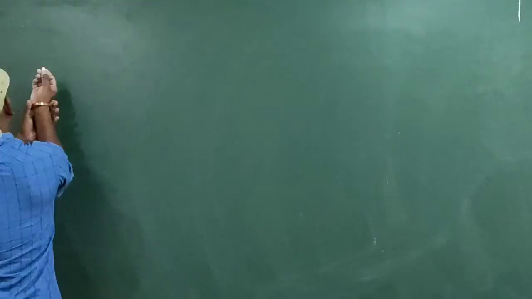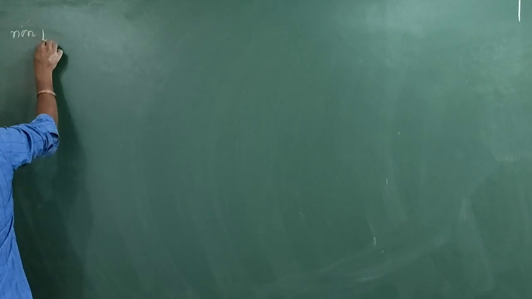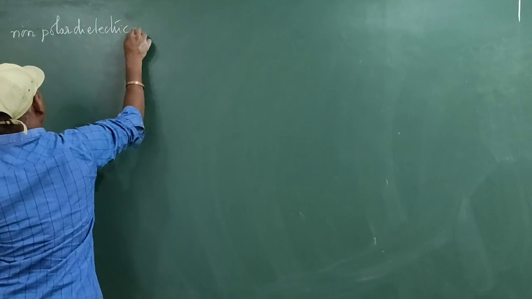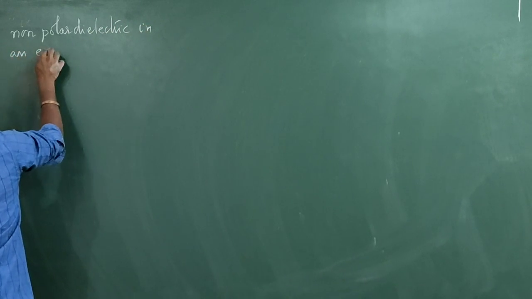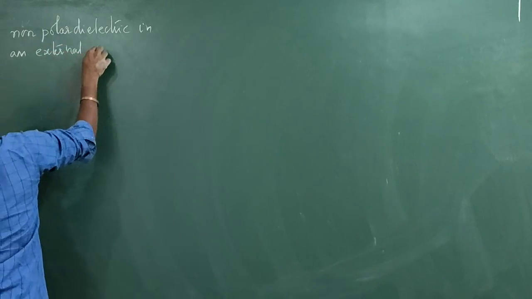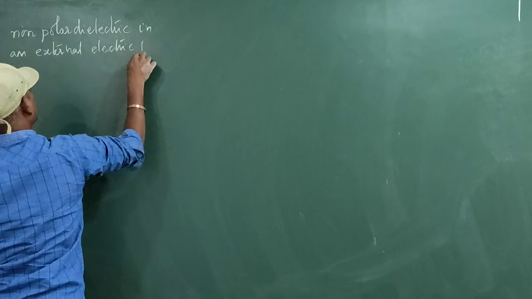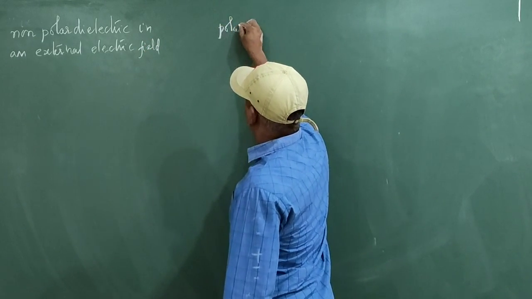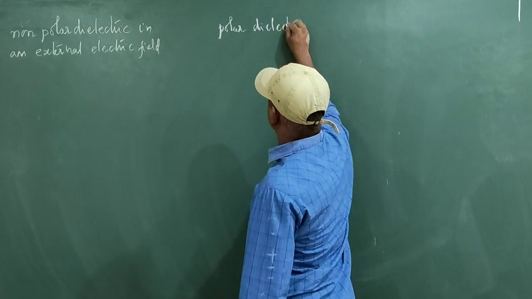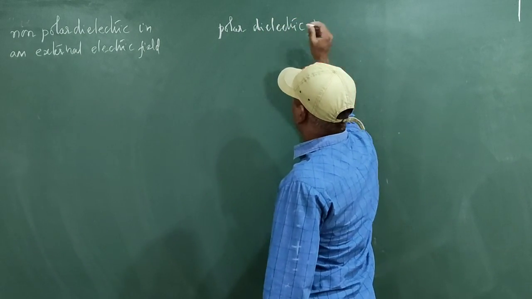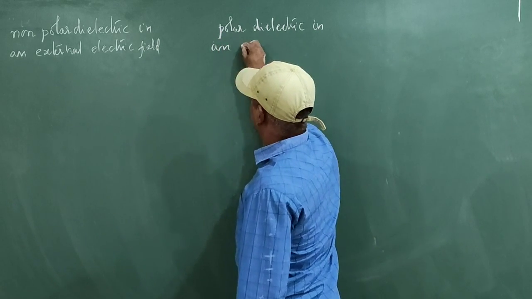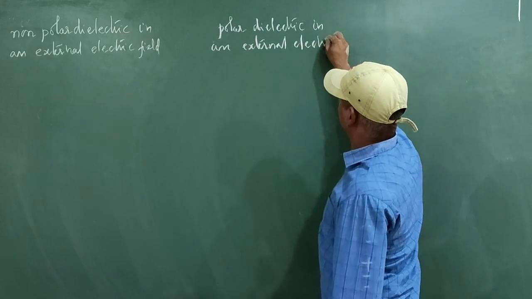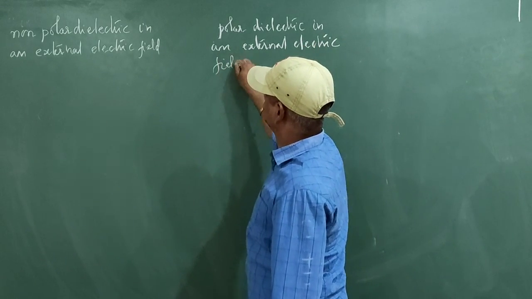First one, non-polar dielectric in an external electric field, whereas this side, polar dielectric in an external electric field.